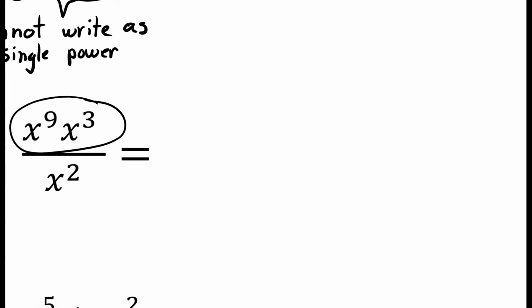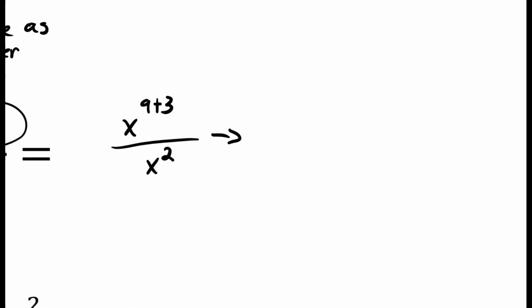Now, x to the power of 9 multiplied by x to the power of 3 will give us x to the power of 9 plus 3 over x to the power of 2. So this means x to the power of 12 over x to the power of 2.